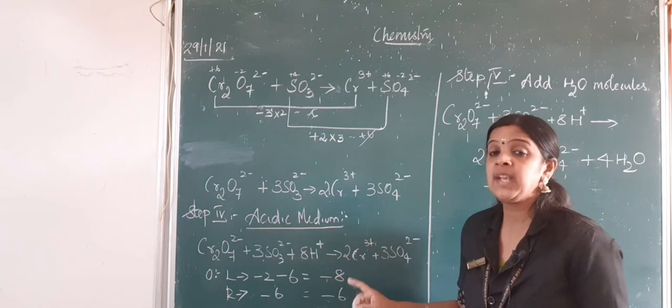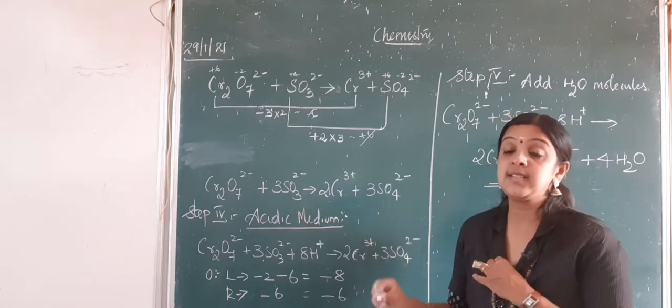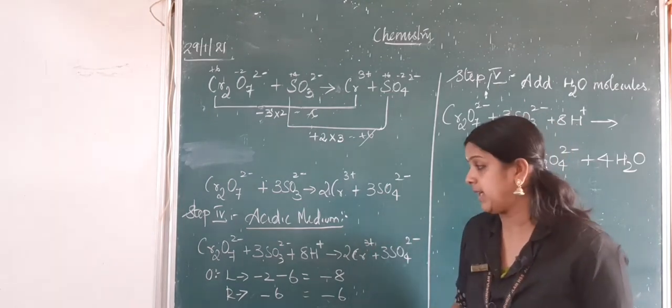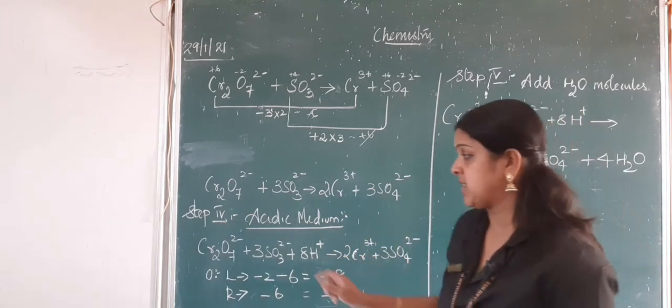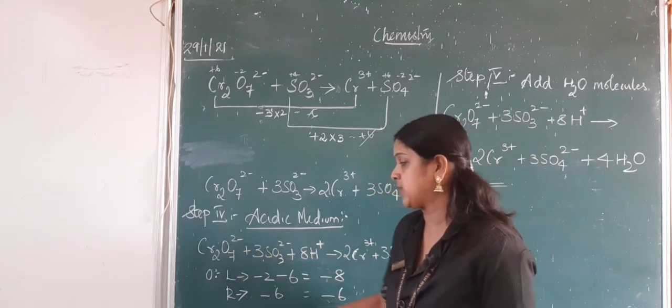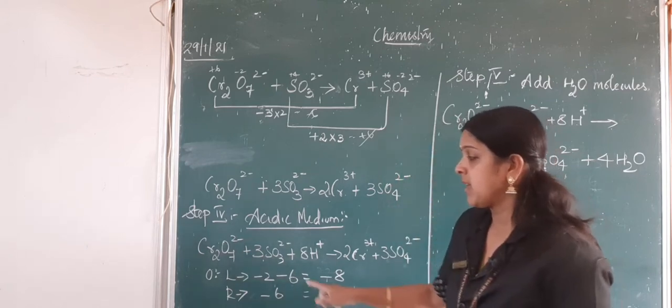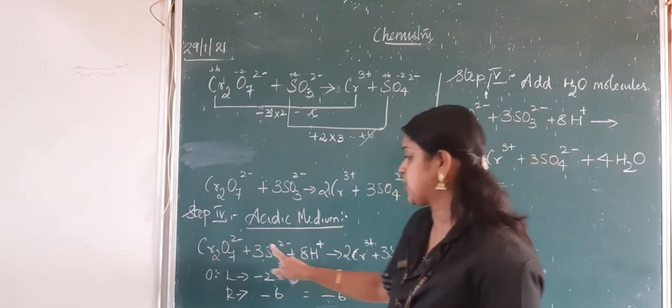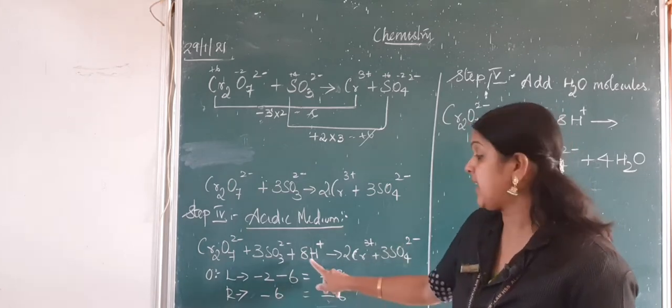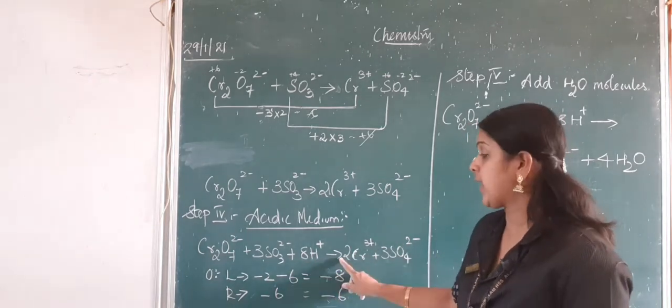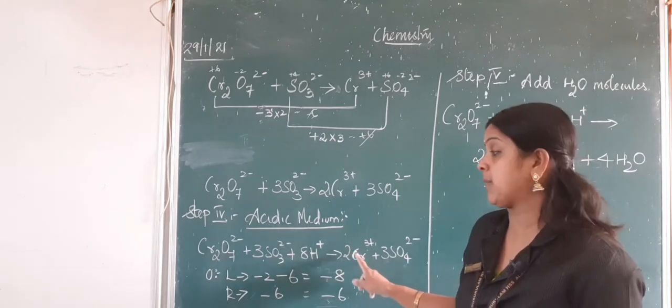What is the next step? In the question it is written that this happens in the acidic medium. So in the acidic medium we need to count the charges of the oxygens. If you see, we have -2 here and -2 total. We need to add 8 H plus ions so as to make the charges equal.